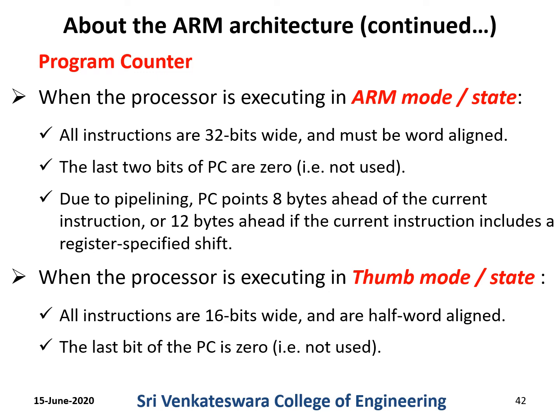So when the address is incremented in the program counter, if the last bit in the program counter is continuously 0, that indicates that the ARM processor is in the thumb mode, and accordingly the CPSR register's T bit will be set or reset.